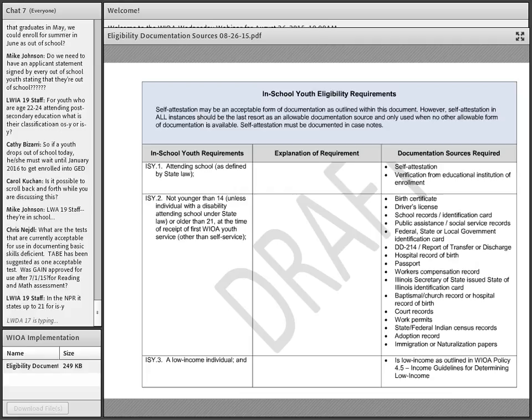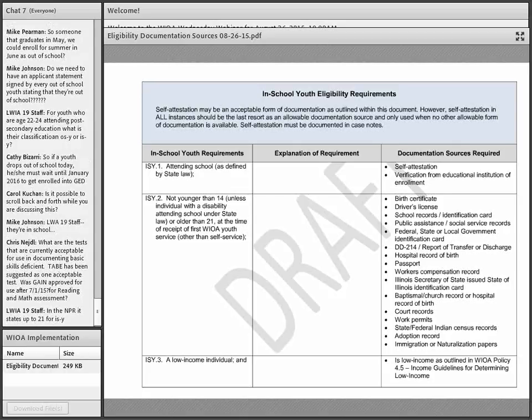For in-school youth, again, all clients other than the 5% must be low-income regardless of what their barriers are. We'll speak a little bit later in regards to low income, so I won't get into that right now. So any questions on in-school?